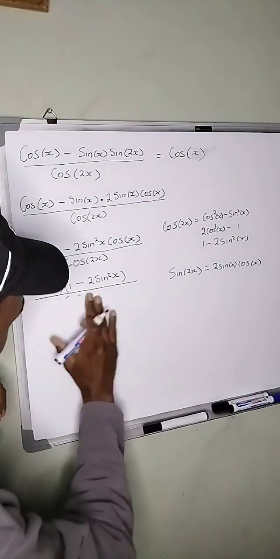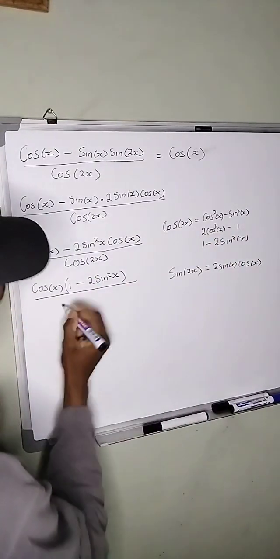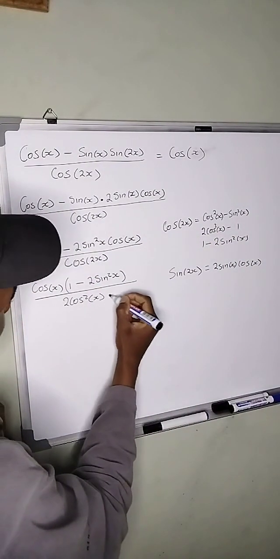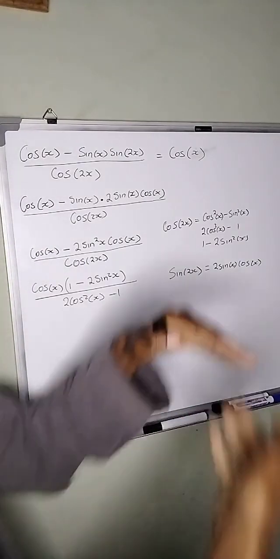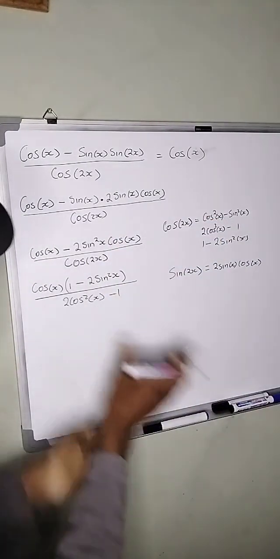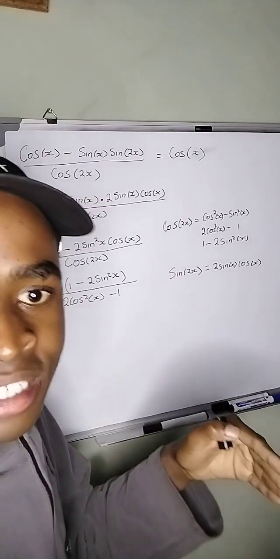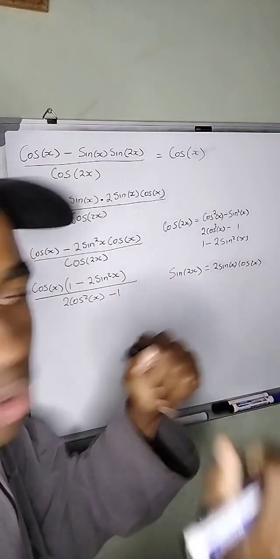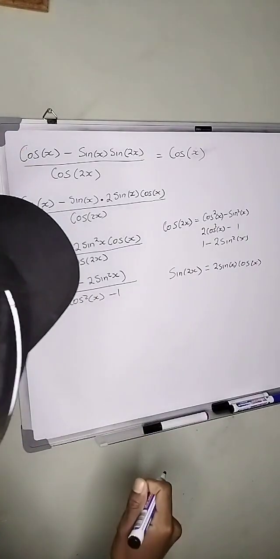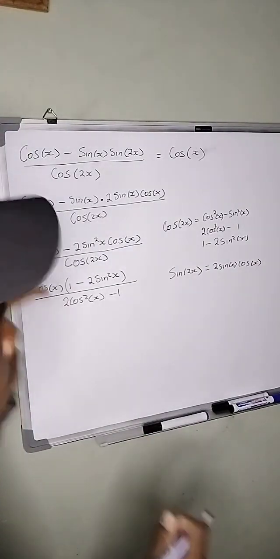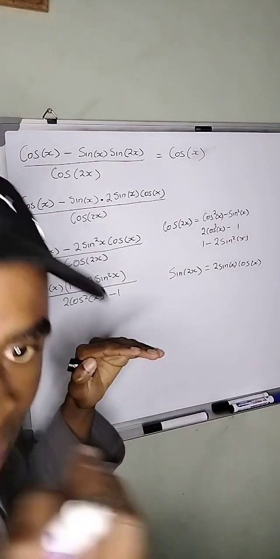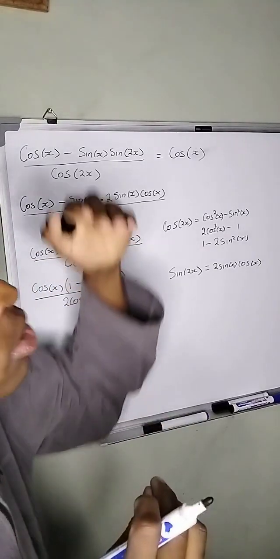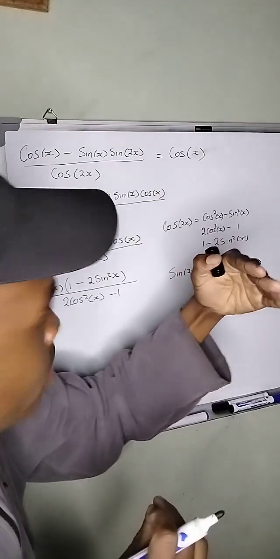Or change this one to 2 cos squared x minus 1. You still have to go down and maneuver. That's because you don't understand the identities. Throughout your workings, you have to make sure that you relate your denominator and your numerator.